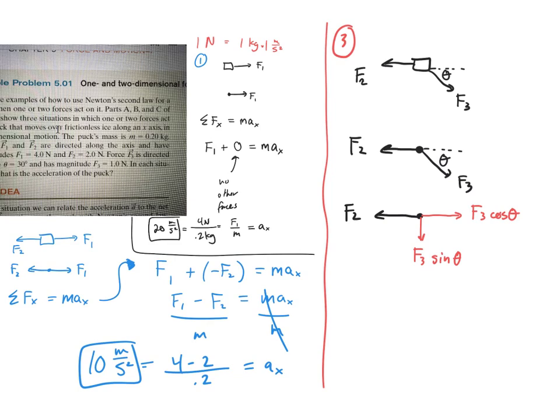Vertically, how would you figure it out? What would you do? It would be F3 sine theta divided by m equals ay. You're missing one thing. It's acting in the downward direction. Yeah. So that would be my governing equation for the y direction.